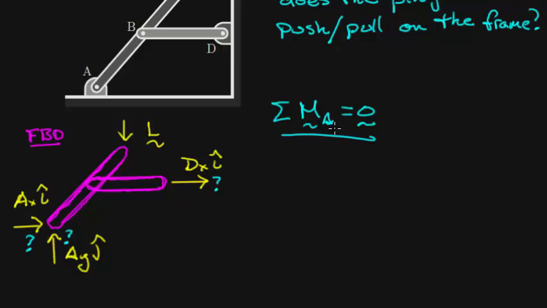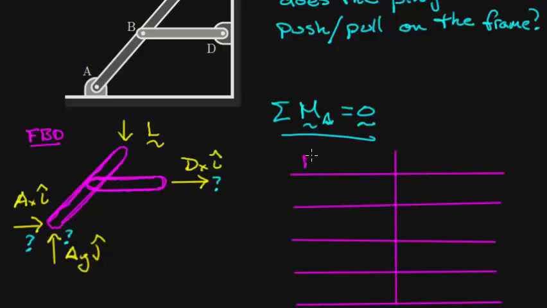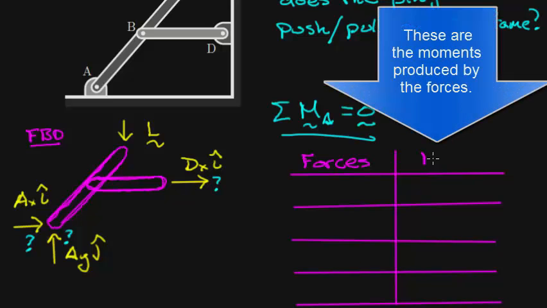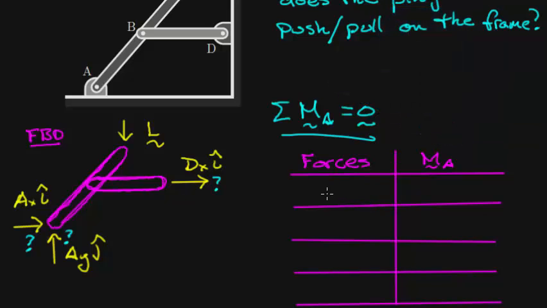What I'm going to do instead is create a table. On the left side of the table, I'm going to list the forces, all the forces acting on my body. And on the right side, I'm going to list the moments about point A, at least qualitatively. So my forces, I'm going to put them in some sort of order. I'll start with AX, AY, L, and DX. DX is in the i direction, like so. And then when I list their moments about point A, does AX make any moment about point A?